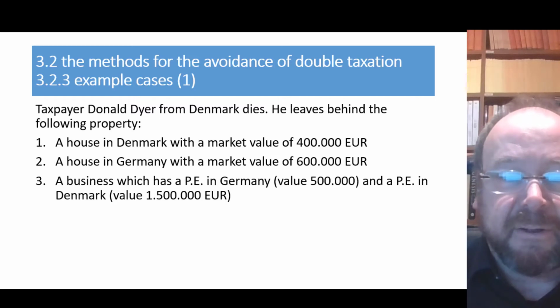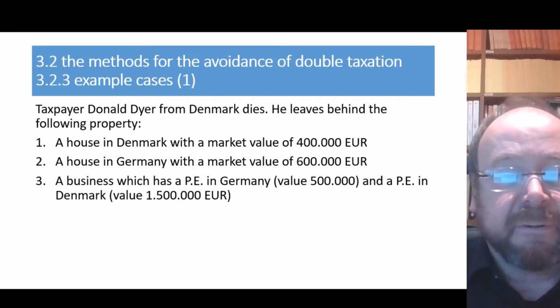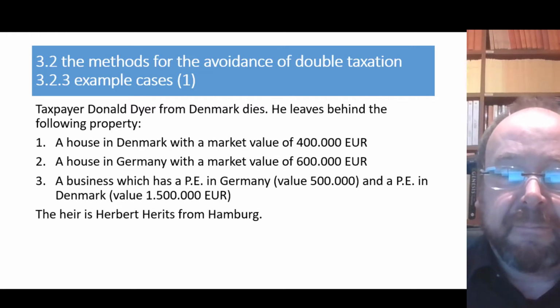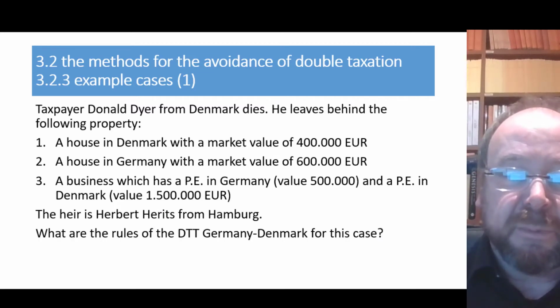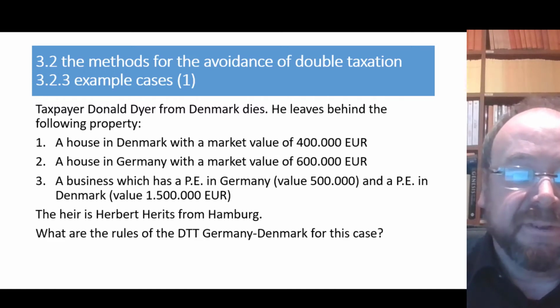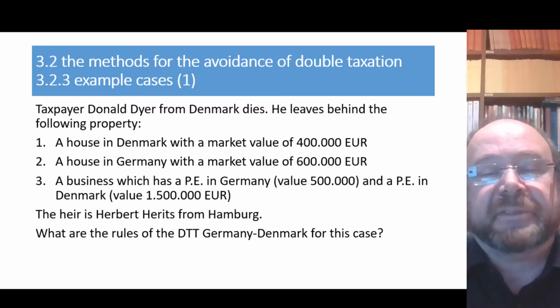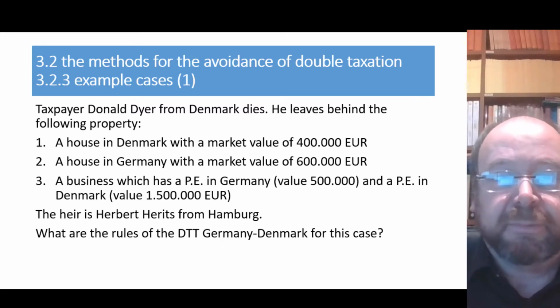And the heir of all that is Herbert Harritz from Hamburg in Germany. Now, how would the rules of the DTT Germany-Denmark demand for such a case? That should be something where we should take a look.